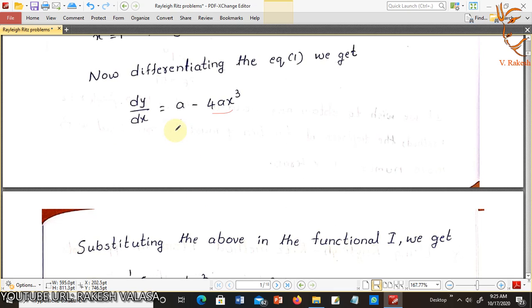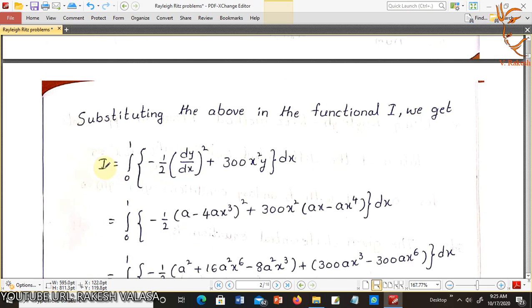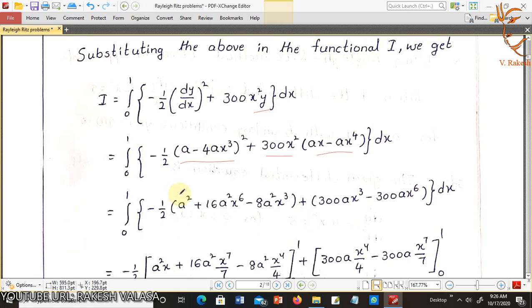Now substitute this y and dy by dx in the functional equation, that is I equal to integration 0 to 1 of minus 1 by 2. In the place of dy by dx, you can substitute (a minus 4ax cube) whole square plus 300 x square. In the place of y, you can substitute (ax minus ax power 4) dx. Now simplify this term.